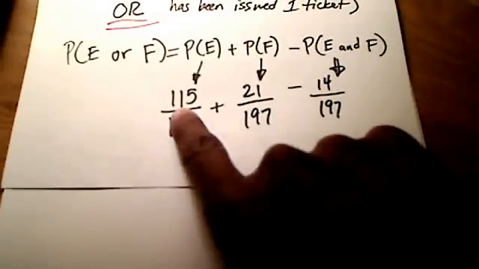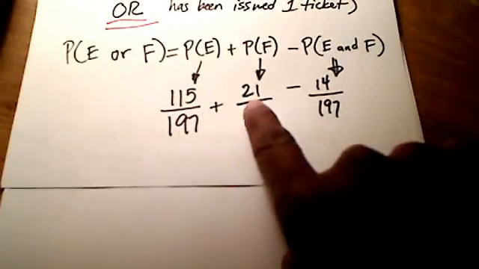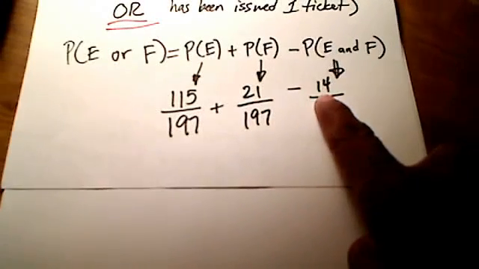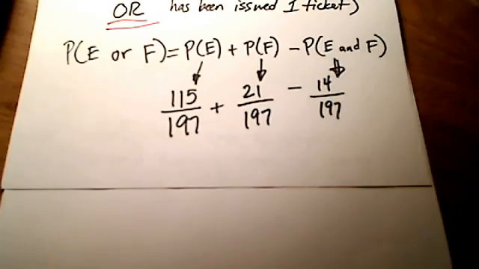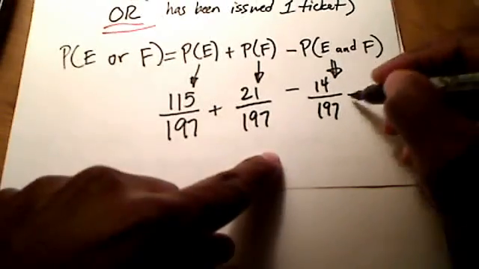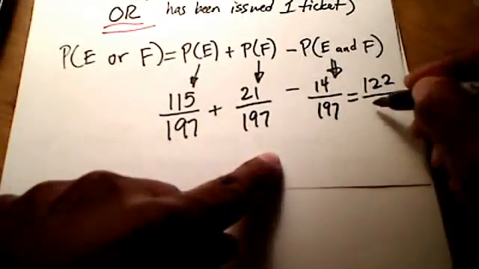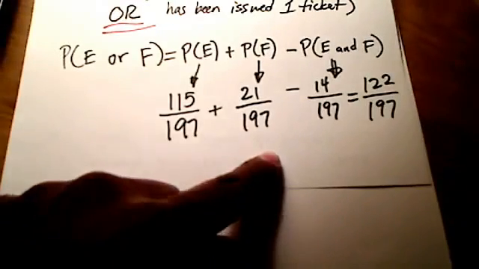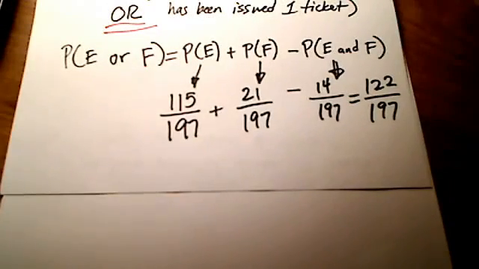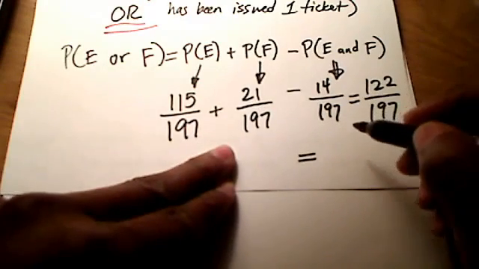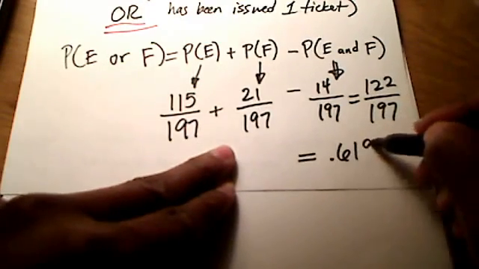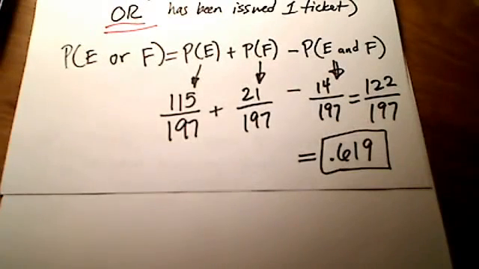If you work all of this out on your calculator, add 115 to 21, take away 14, and divide by 197, I think that comes out to 122 over 197, if my calculations are right. And 122 over 197, rounded to 3 decimal places, comes out to 0.619.